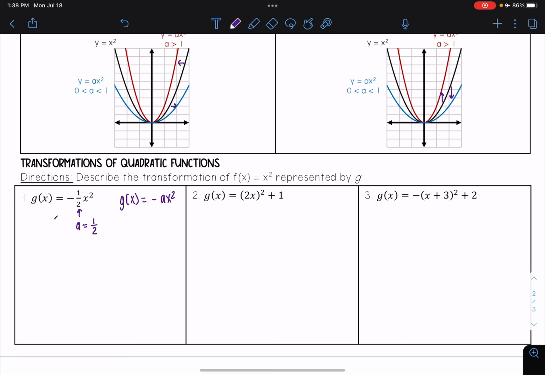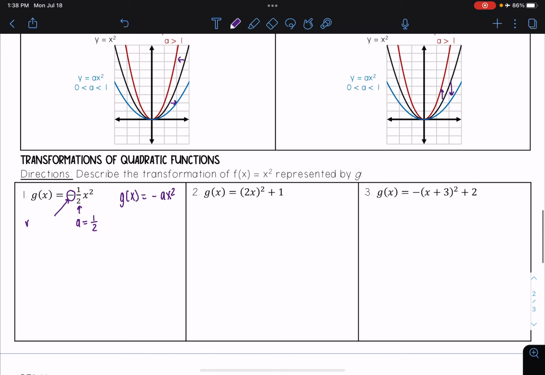And then I also see that I have a negative in front, so it indicates to me a reflection. And so putting that together, I see that the graph of g is a reflection in the x-axis, since I have that negative out in front.